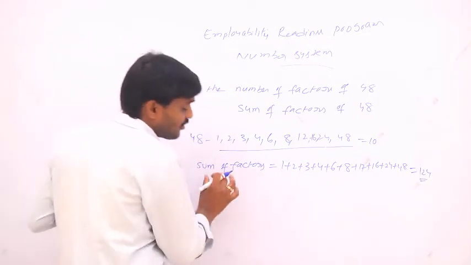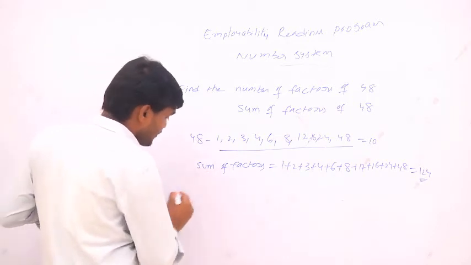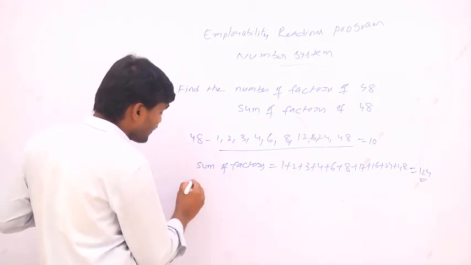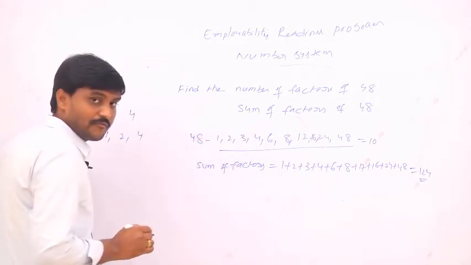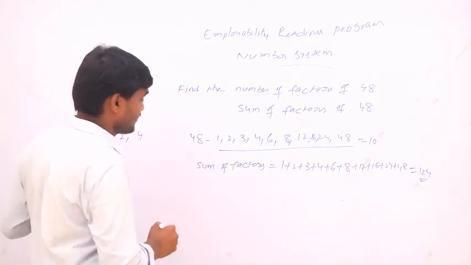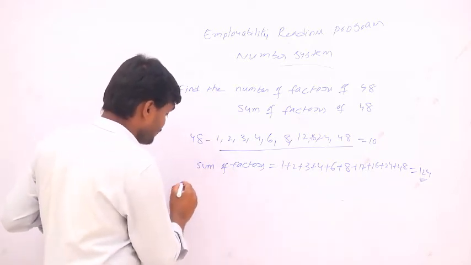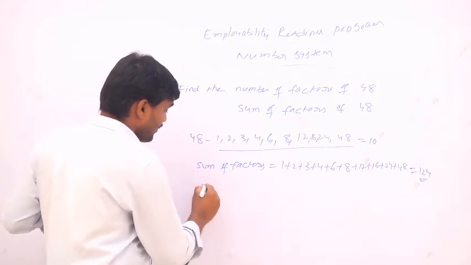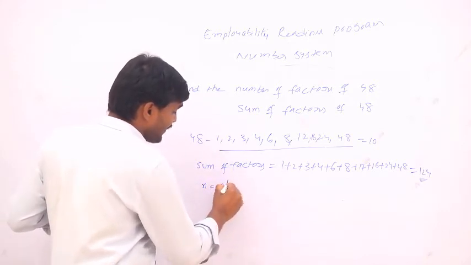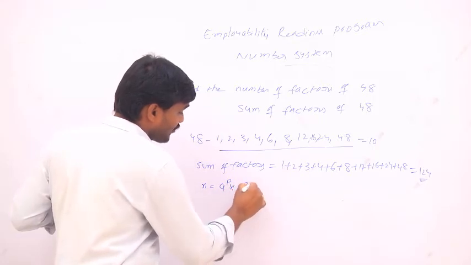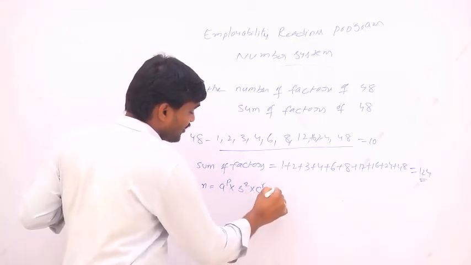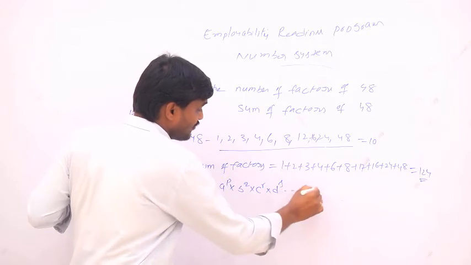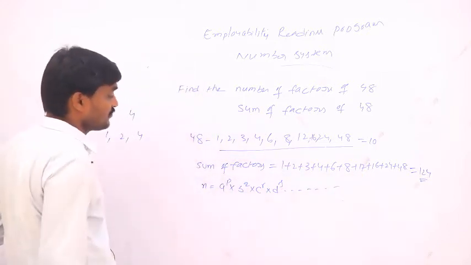This is the theorem. If you want to find the number of factors or sum of factors, write n equal to a power p into b power q into c power r into d power s, and so on.